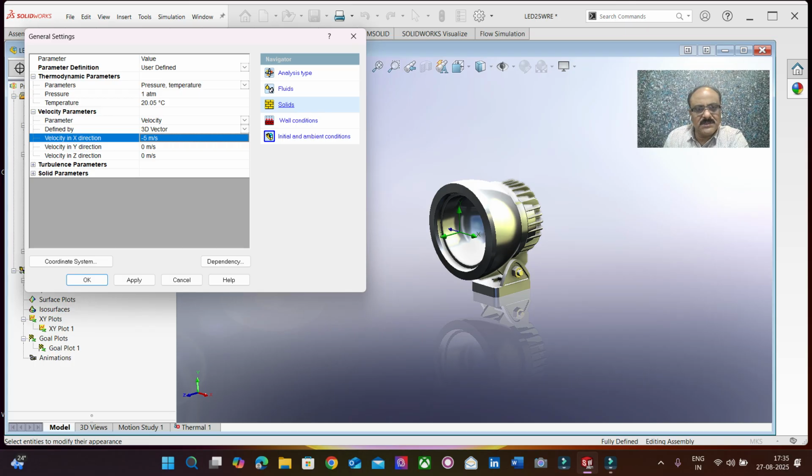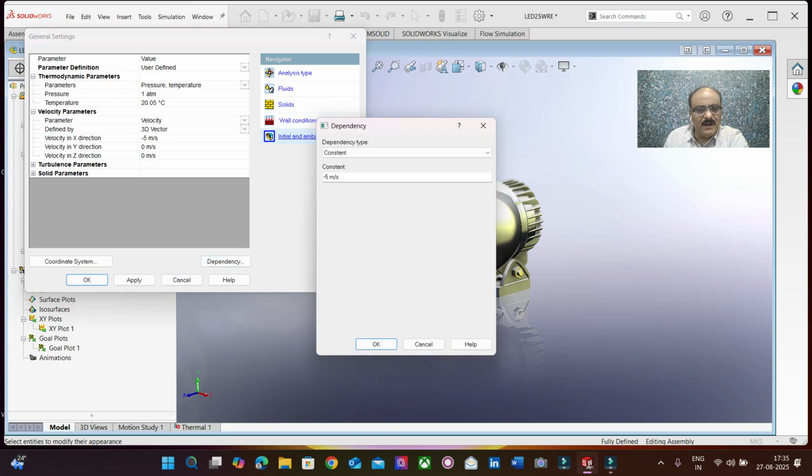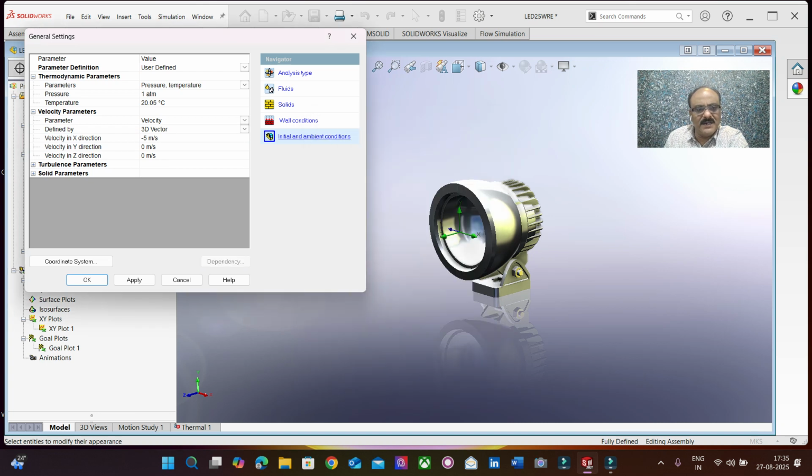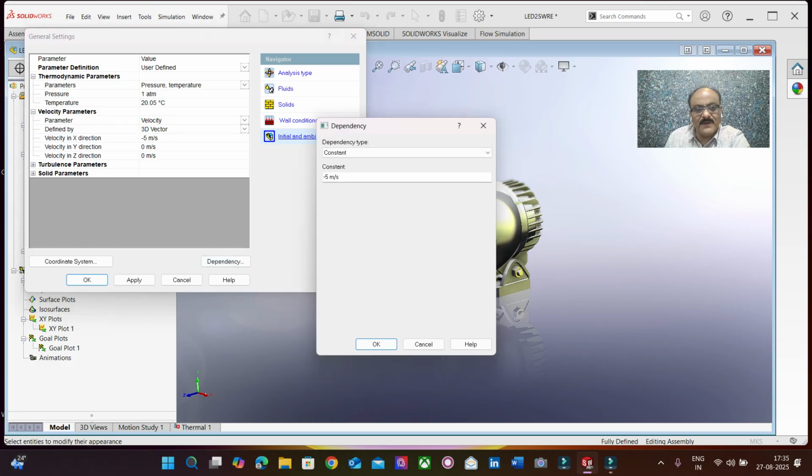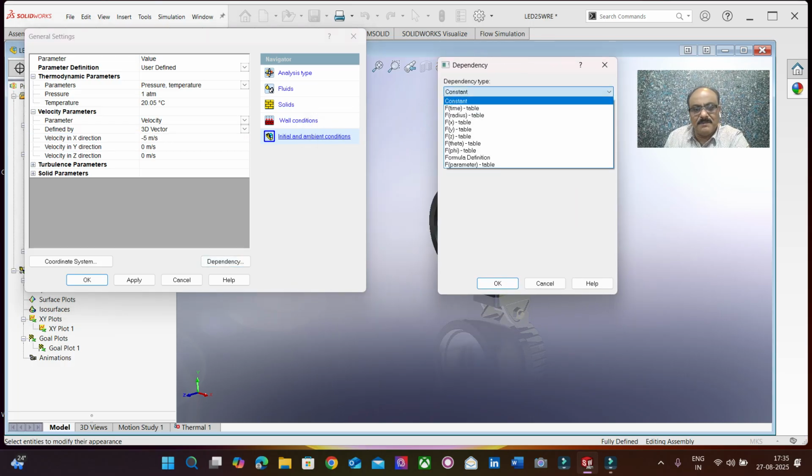Okay, so now once I have defined this, I am going to define what exactly is the way that the temperature can vary. This is the velocity, and this velocity can depend on certain time.